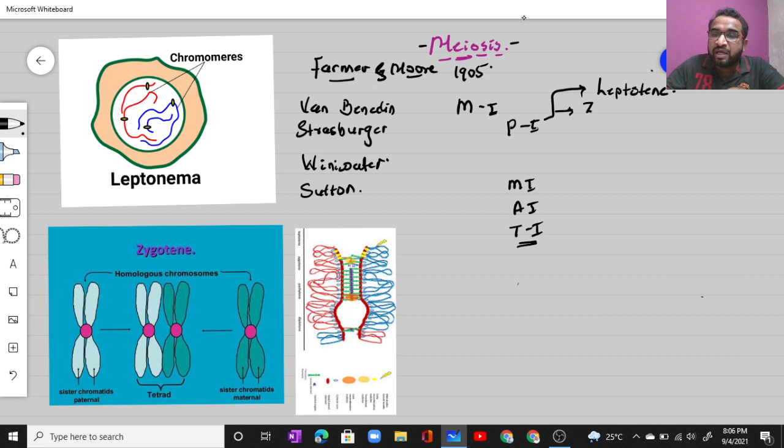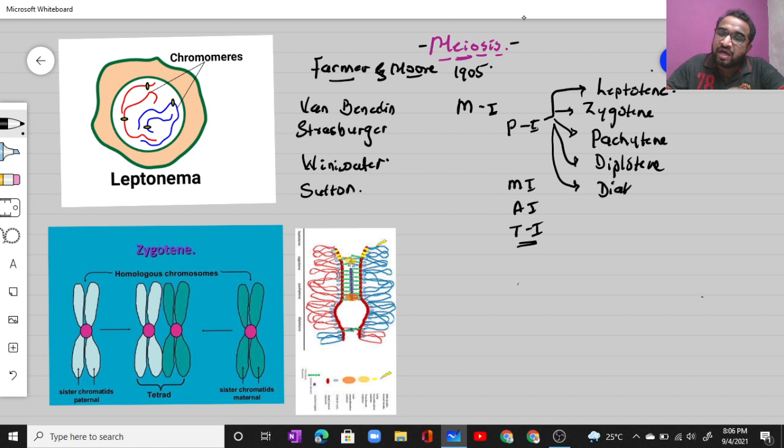Then there is zygotene stage, in some books given as zygonema. Then it enters into the next stage, that is the pachytene stage. Then it enters into the diplotene stage, and then it enters into the last stage that is called the diakinesis. So these stages we have to study one by one.